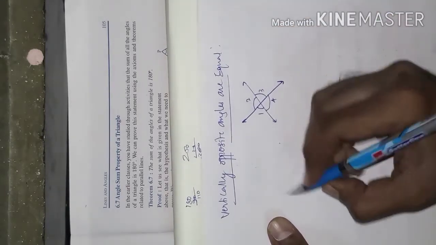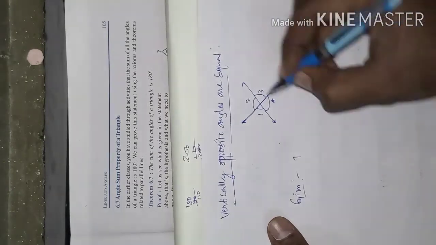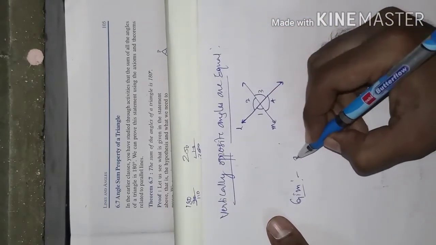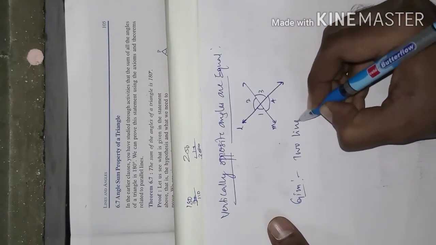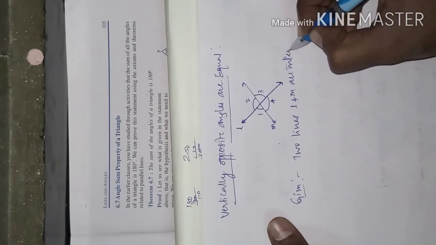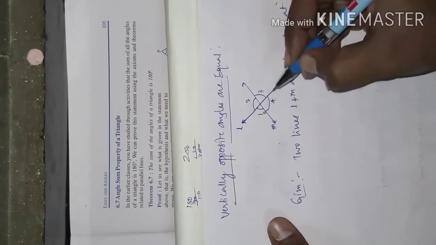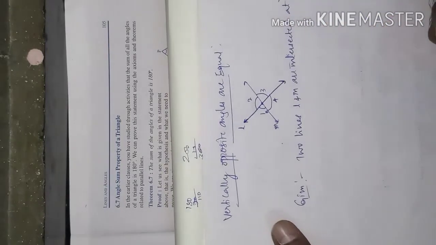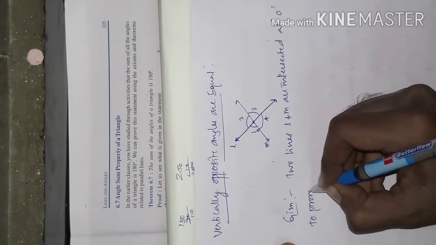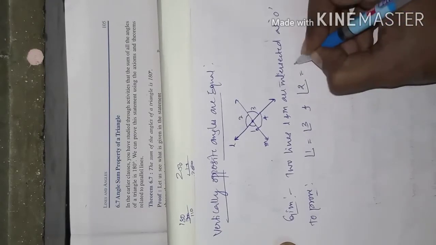Given part: I will name the lines L and M. Two lines L and M are intersected at O. To prove: angle 1 is equal to angle 3 and angle 2 is equal to angle 4.